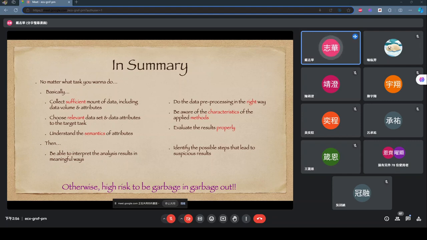What do you mean, 90%? Is 90% satisfactory? Not necessarily. What if the random baseline is 99%? So do the evaluation properly: not only look at the number, but also try to analyze and explain your evaluation results.